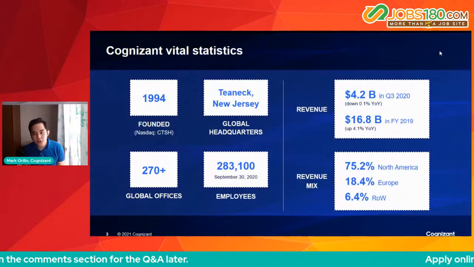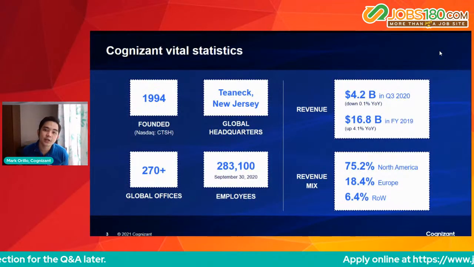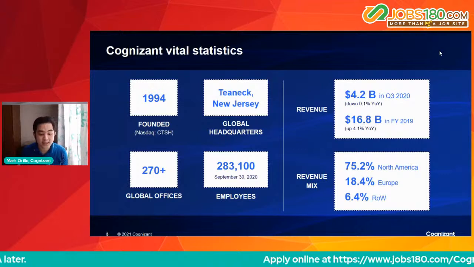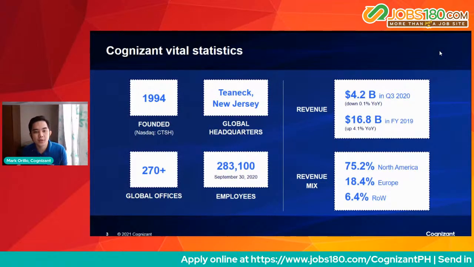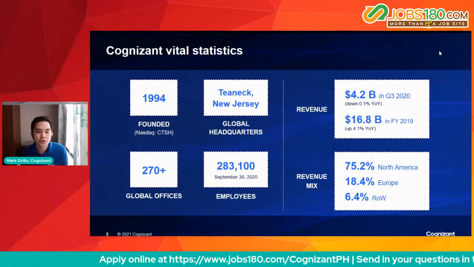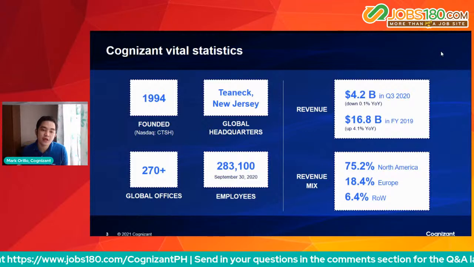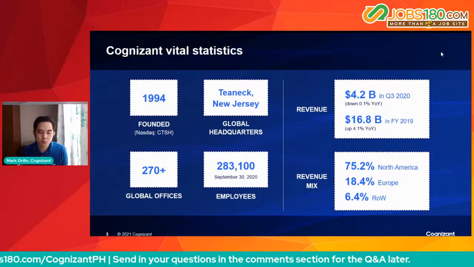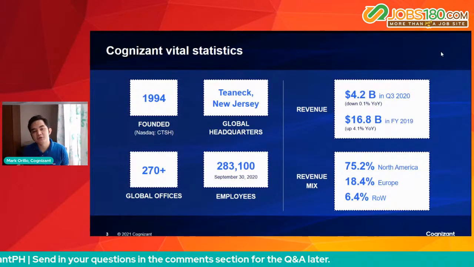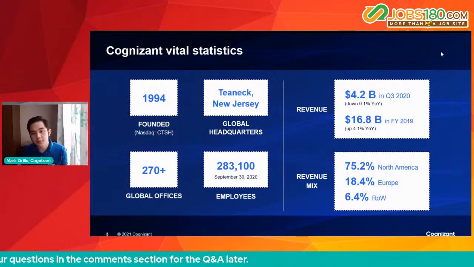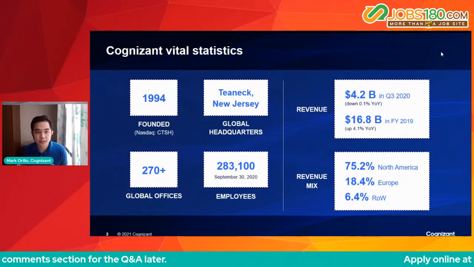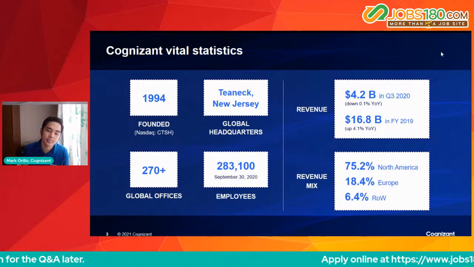So to start, Cognizant is a market leader and it was founded in 1994. We are a US-based company, specifically in Teaneck, New Jersey, with 283,000 employees. Cognizant is a leading provider of information technology, consulting, and business process outsourcing.